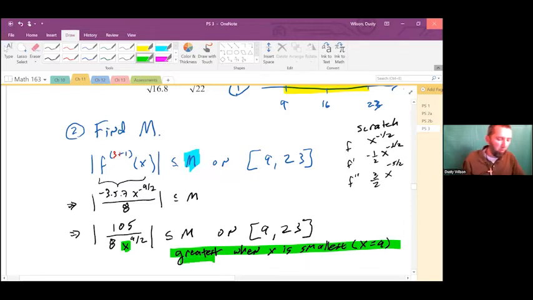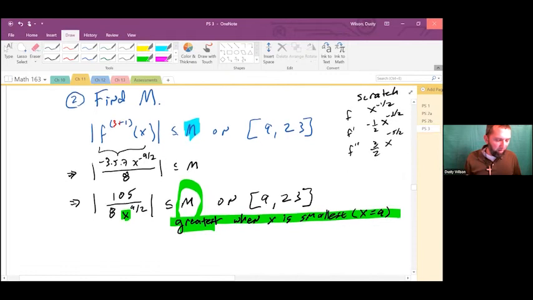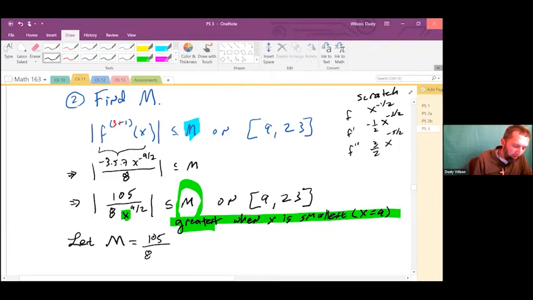We want it to be the greatest because we're looking for big M, which is going to be bigger than everything else. So we get to choose it: let big M be equal to 105 divided by 8 times 9 raised to the 9/2 power.